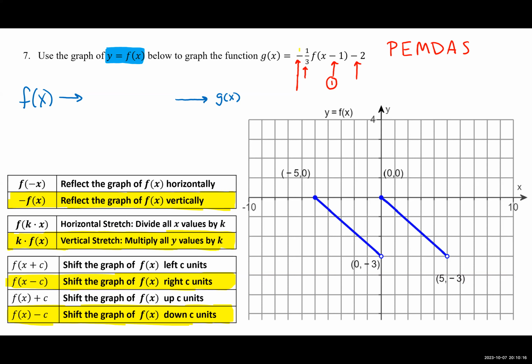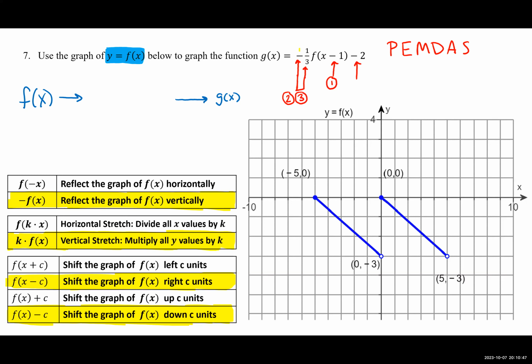That's the P. E is exponents. There's no exponents here. M is multiplication. So we've got these two transformations on the outside. I'll say they're together step 2 and 3.